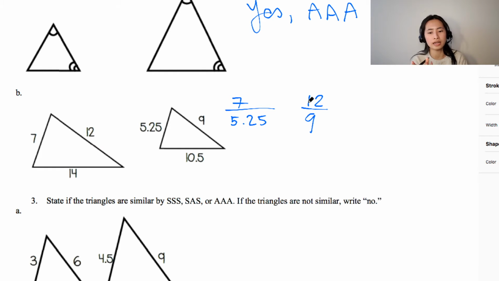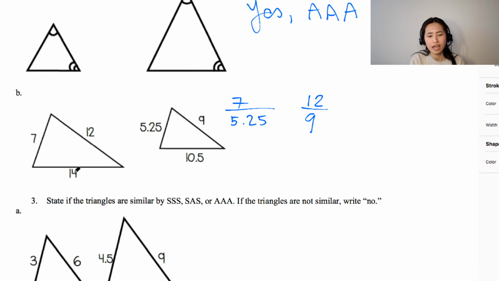And also again, if you're looking at 7, which is the larger dimension, and then you have 5.25, and then for 12 and 9, you need to keep in mind that if you're starting your numerator with the larger side, the longer side rather, that means you need to keep it consistent. So if this is 7, which is coming from the larger triangle and it's a longer dimension as opposed to 5.25, therefore your 12 needs to be the one in your numerator as opposed to 9.